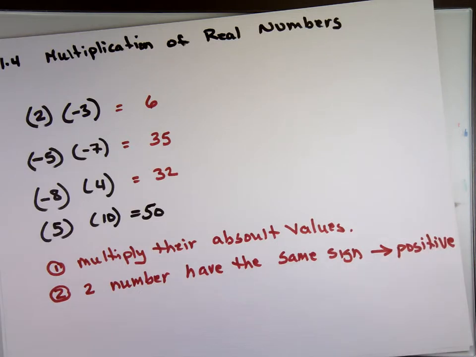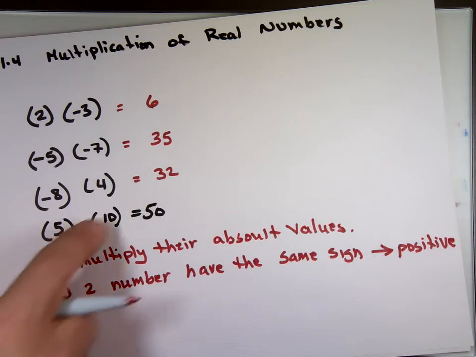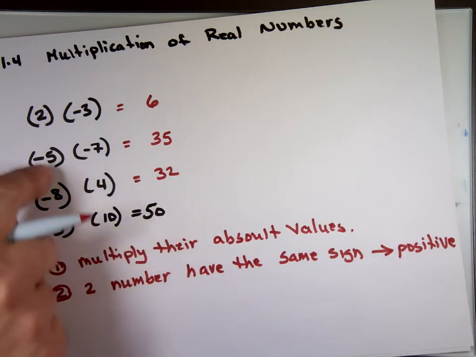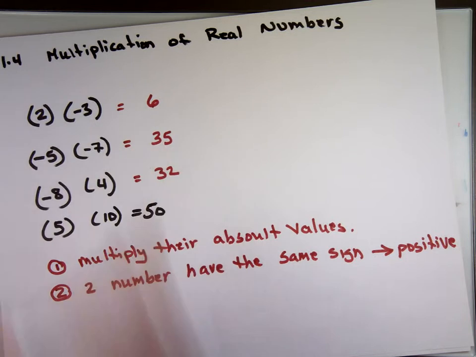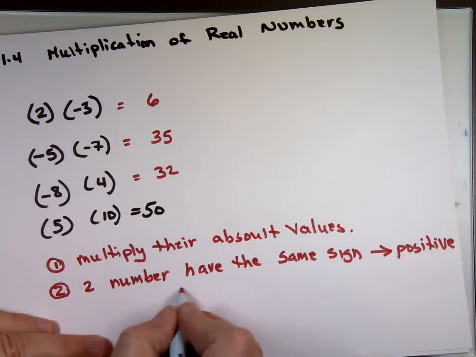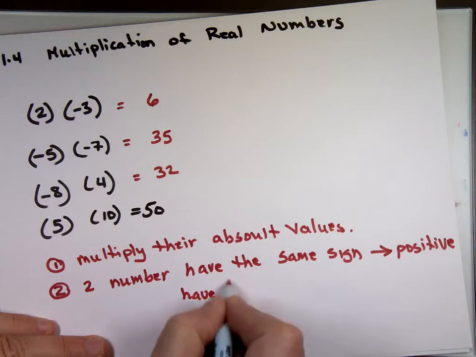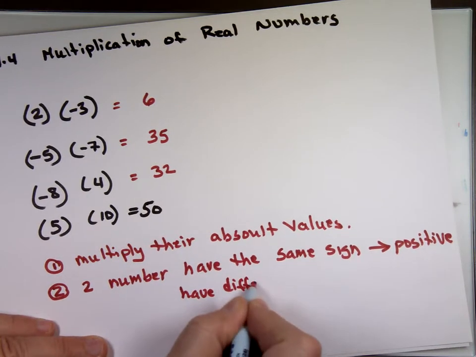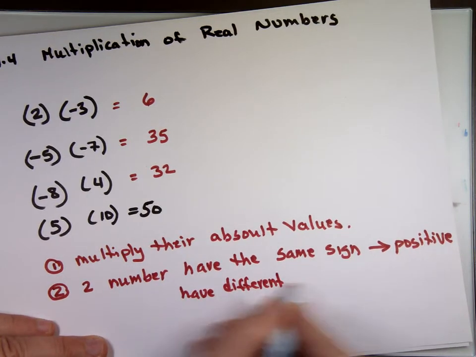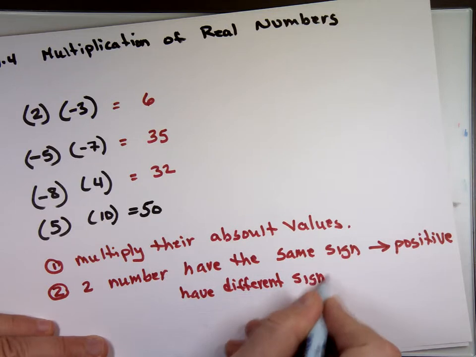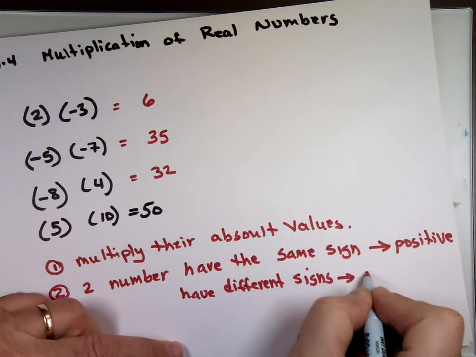These two numbers have the same sign, so the answer is positive. These two numbers have the same sign, the answer is positive. If the two numbers have different signs, what do you think the answer is? Yep, the answer is negative.